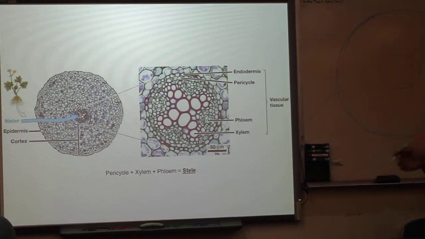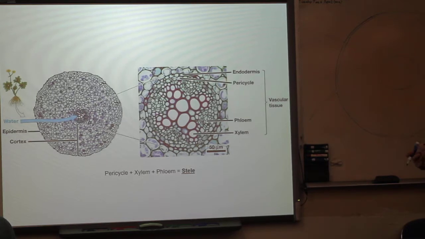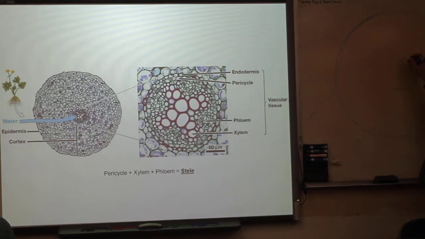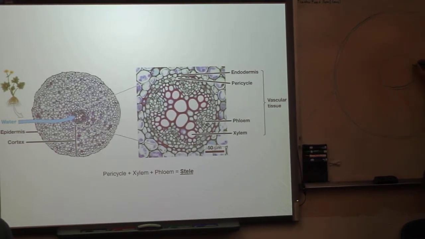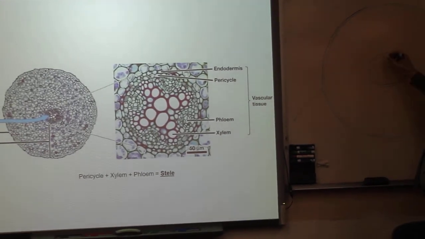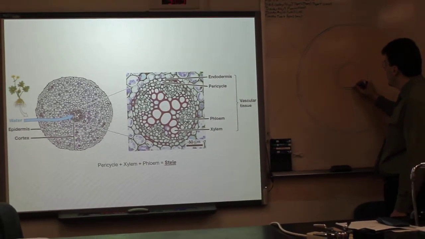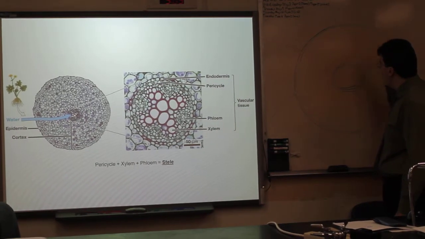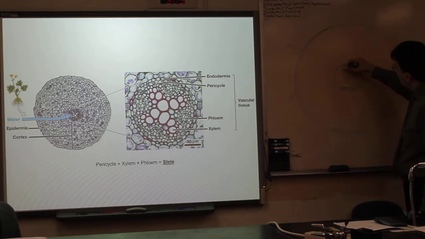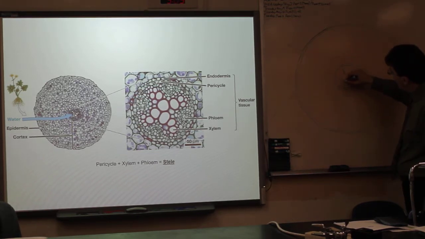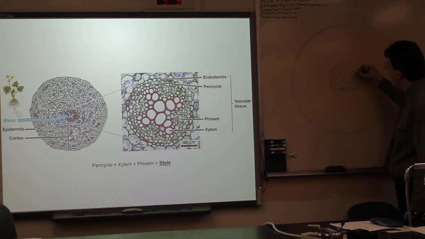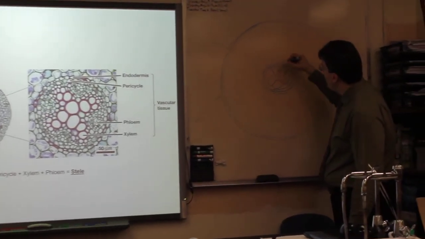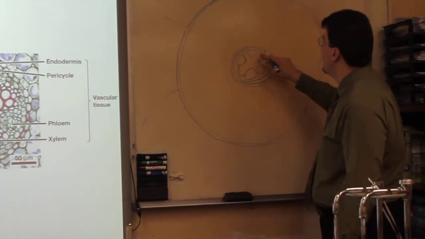Our vascular cylinder is composed of our endodermis, our pericycle, our xylem, and our phloem.